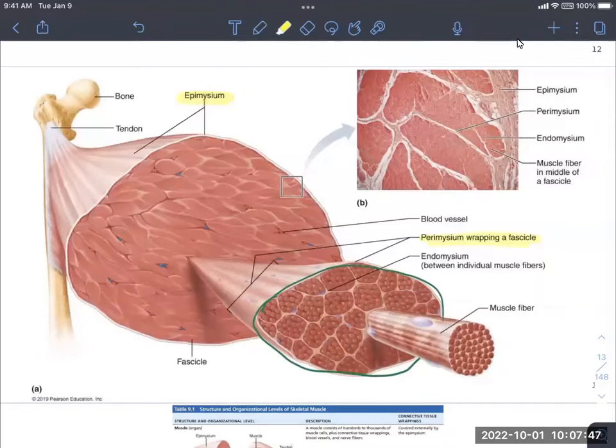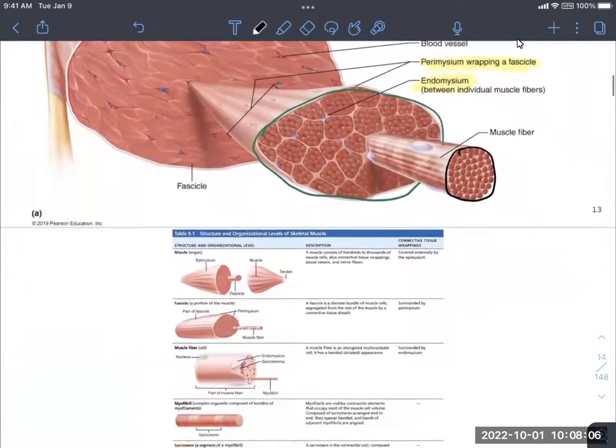Well, endomysium is around each individual muscle fiber. This is one muscle fiber, and that's that areolar connective tissue wrapped around each muscle fiber.